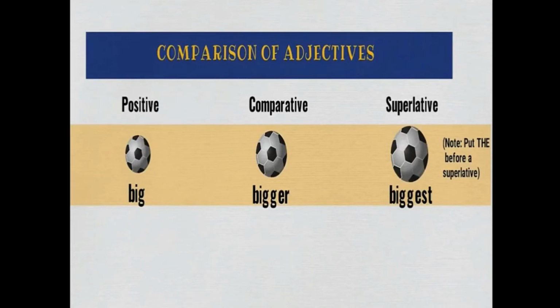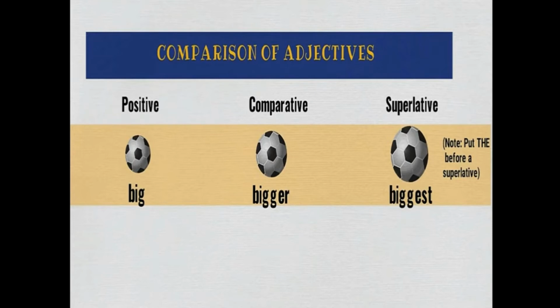Adjectives in English have 3 different forms: positive, comparative, and superlative. What do these forms mean? The positive form is the basic of the adjective. An example is big.